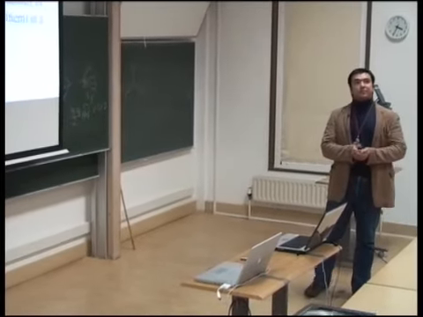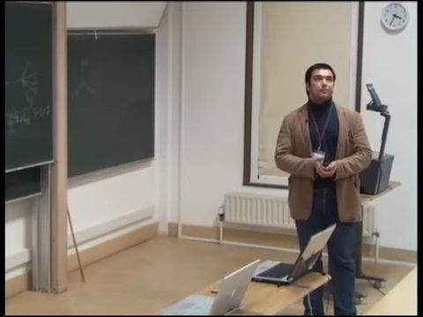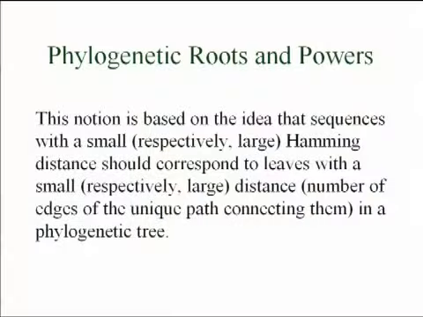And this is not quite what you get by considering an evolutionary tree given a set of species, but this notion is based on the idea that sequences of small distance or respectively large distance should have a correspondingly small or long distance for the respective leaves in the phylogenetic tree.